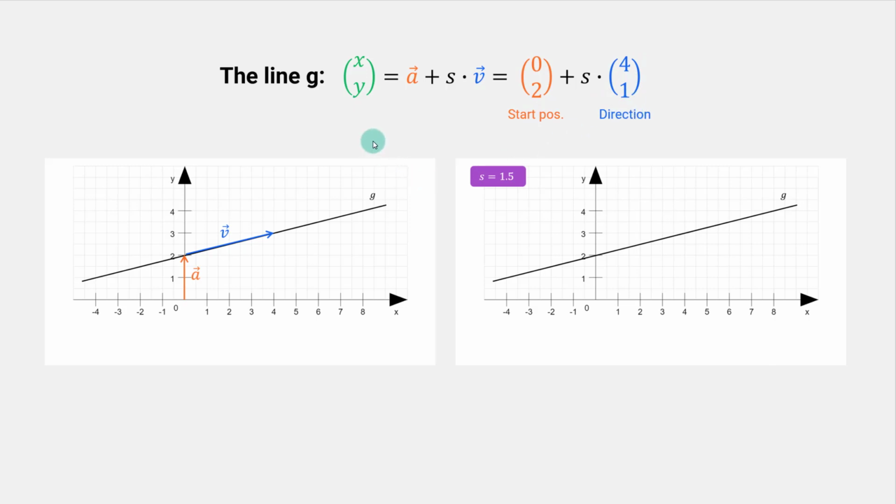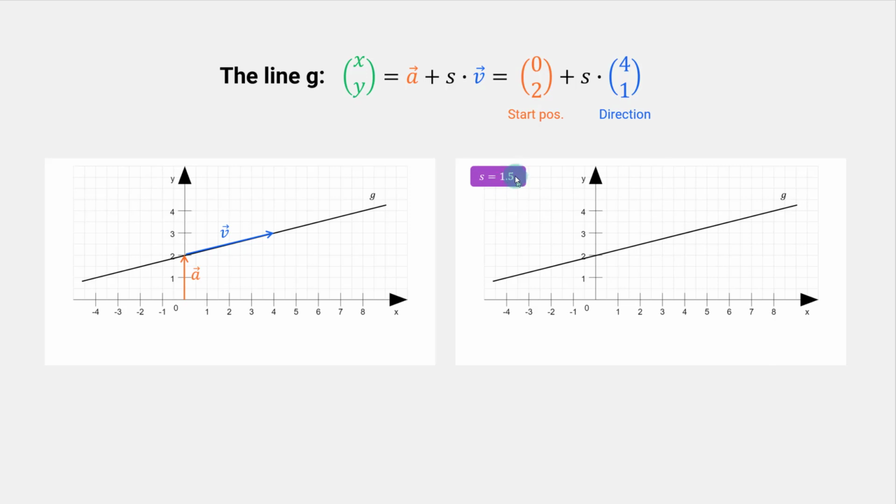Now, what this really means is we can have different values for this parameter s. Let's see what happens if we plug in different values for this parameter s, right? So, for instance, let's plug in the value 1.5. Now, take a second, maybe pause the video, and think which point we reach on the line by plugging in the value 1.5.